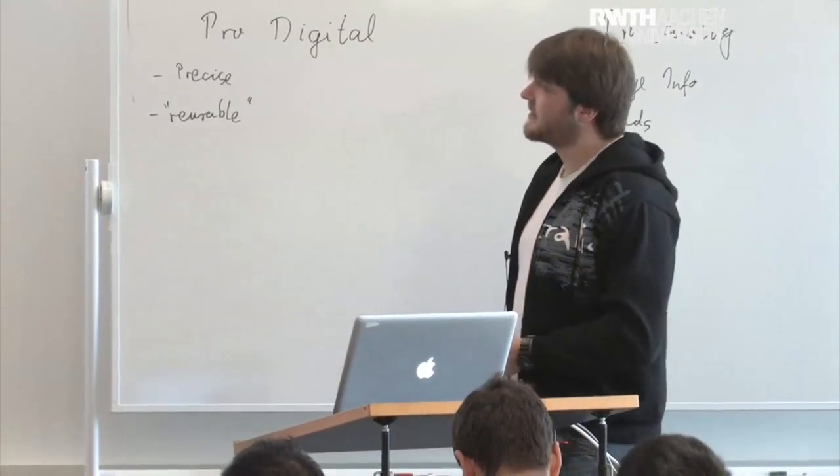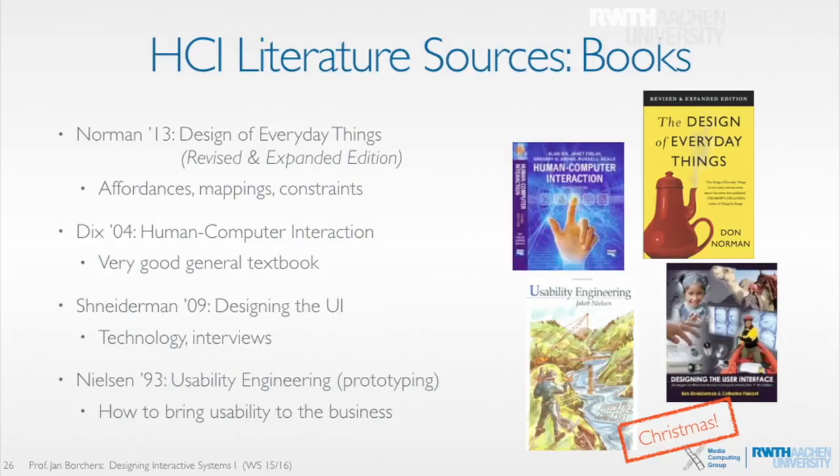Okay, another source of information, which lasts even longer than 5 to 10 years, are books. One of the biggest ones in our area is The Design of Everyday Things that we are requiring you to read in this course, which talks about the affordances, constraints, and mappings of everyday items that you encounter in your surroundings.